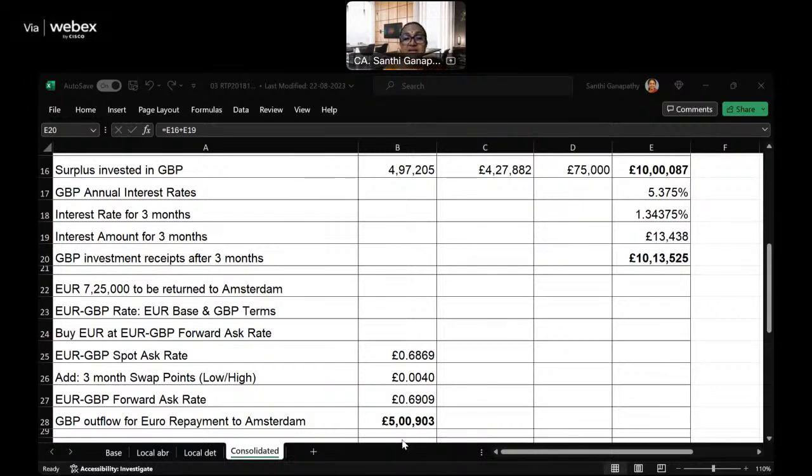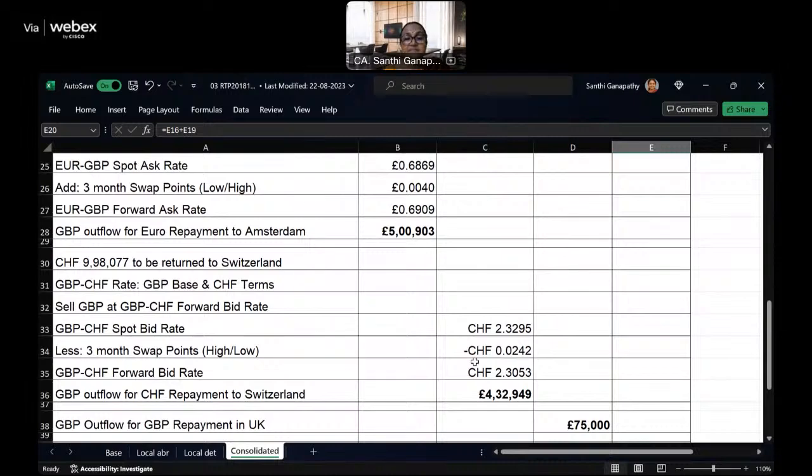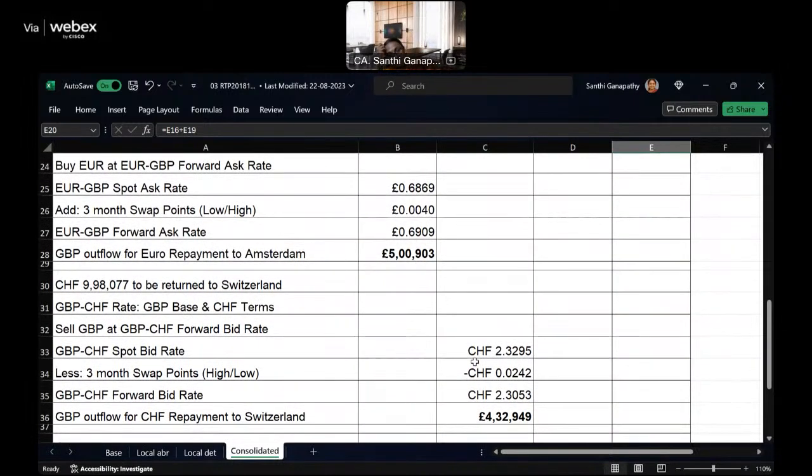So now, next we will convert. We have to return CHF. Therefore, the investment receipts which we have got in GBP, to the extent it is required to return, we will convert.